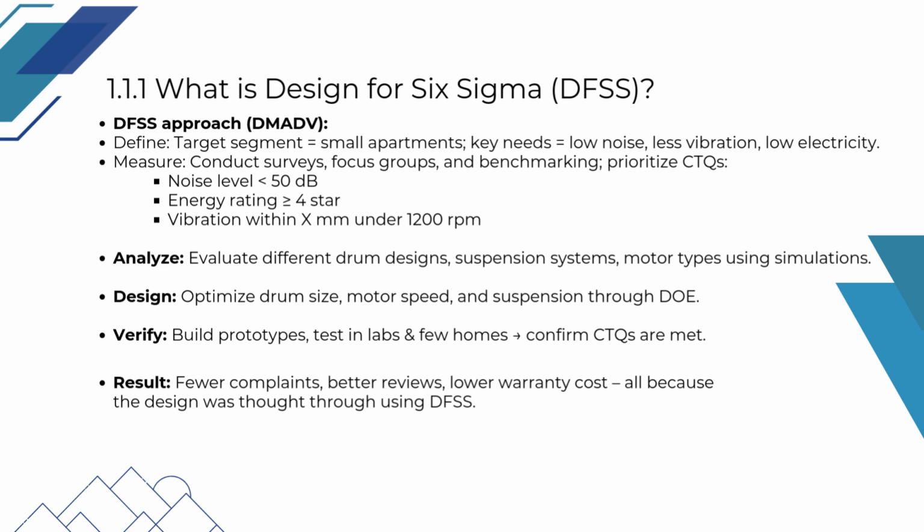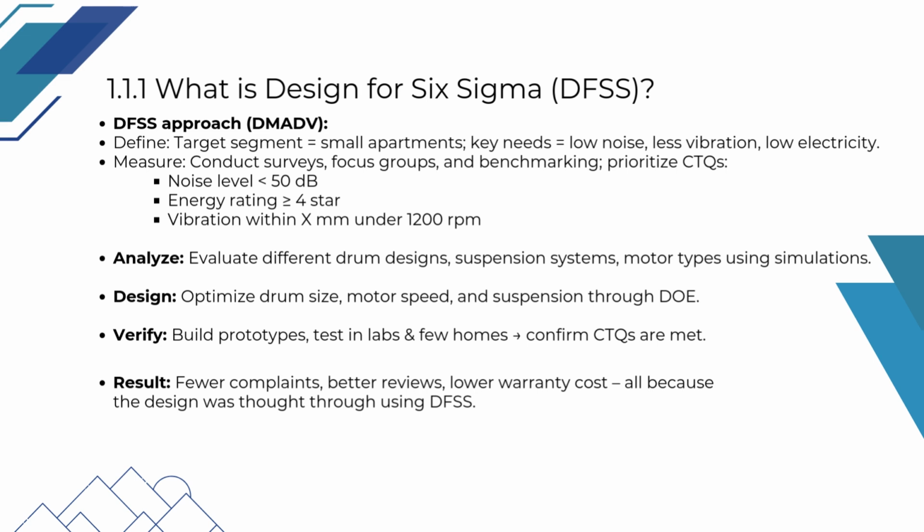Measure: conduct surveys, focus groups, and benchmarking. Prioritize CTQs: noise level 50 decibels, energy rating greater than or equal to 4 star, vibration within X mm under 1,200 revolutions per minute. Analyze: evaluate different drum designs, suspension systems, and motor types using simulations.